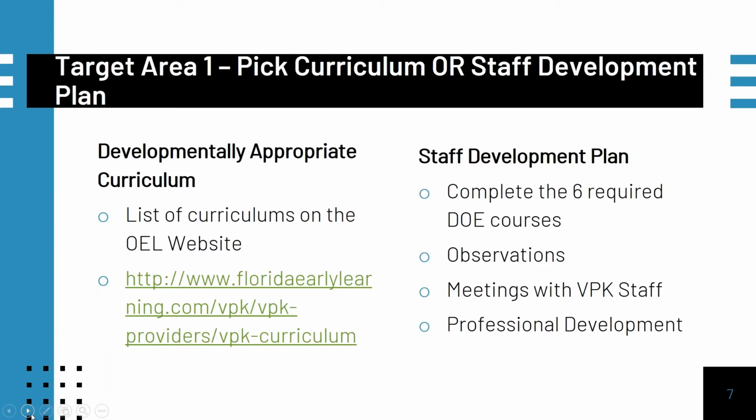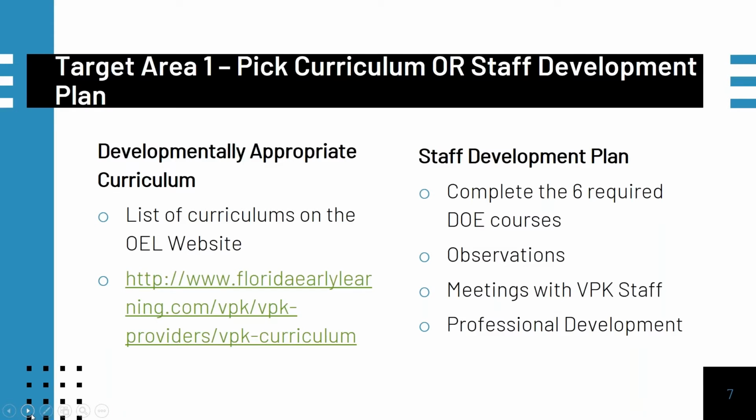So just like I mentioned on the previous slide, your 2 choices for target area 1 are to pick a developmentally appropriate curriculum or a staff development plan. In one of your handouts, you do have a list of all of the VPK developmentally appropriate curriculums, as well as the school readiness approved curriculums as well.